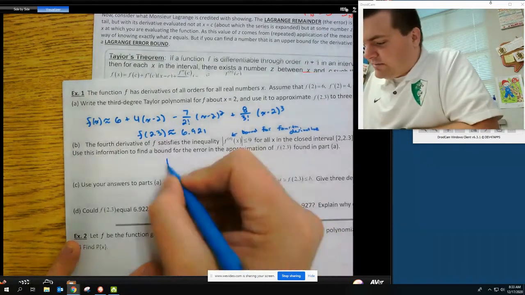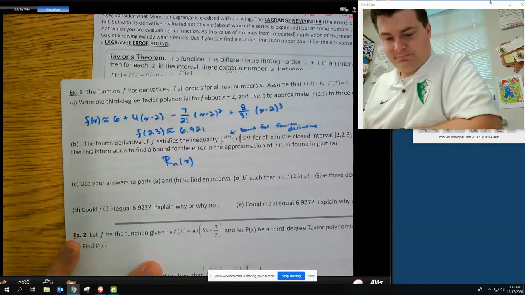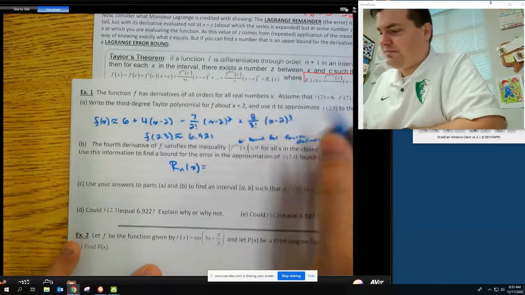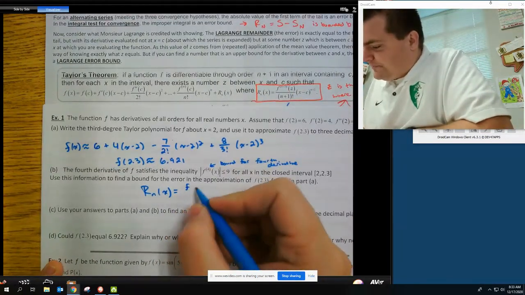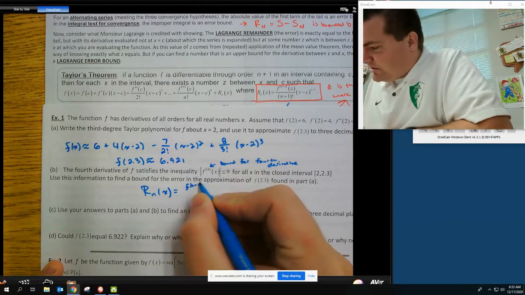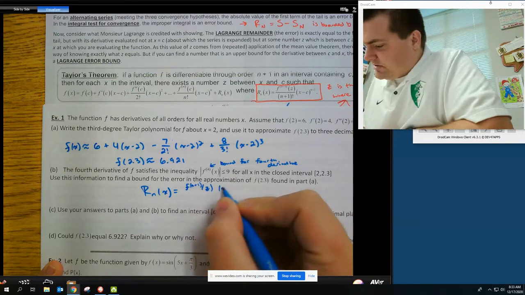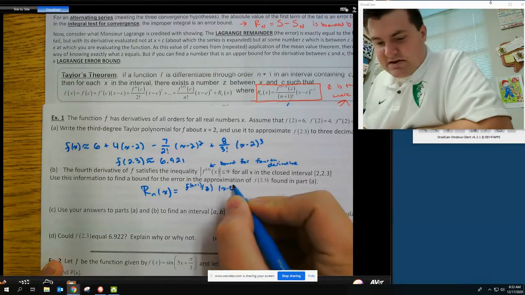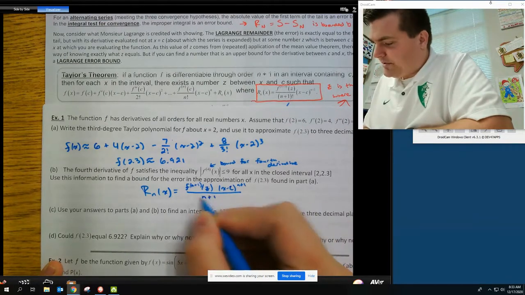So my remainder of this polynomial is equal to pretty much this guy right up here. I'll just rewrite it down for you. The n plus 1 derivative of z, times x minus c, which is the center, to the n plus 1, over n plus 1 factorial. So again, we're going to the next term here.